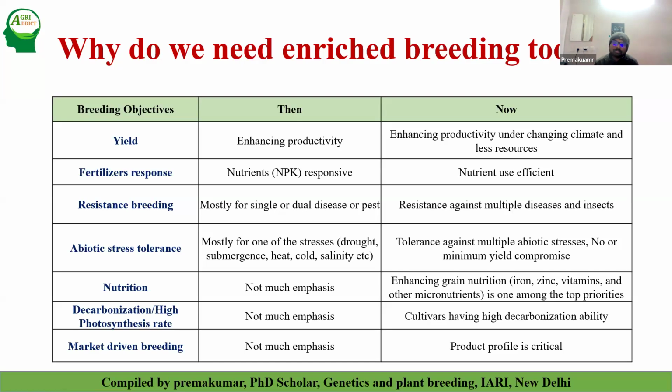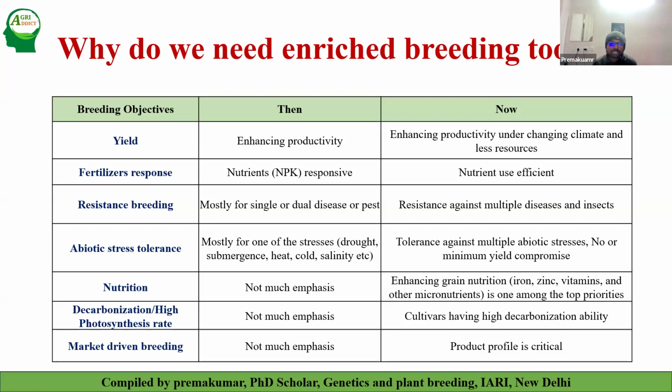Nowadays we are breeding for enhancing productivity under changing climate and with fewer resources. But earlier, we used to breed simply for enhancing productivity. Take the example of the Green Revolution time.